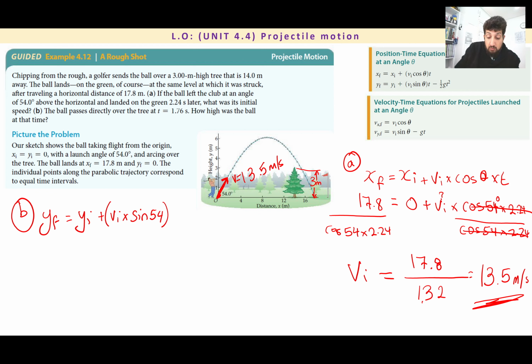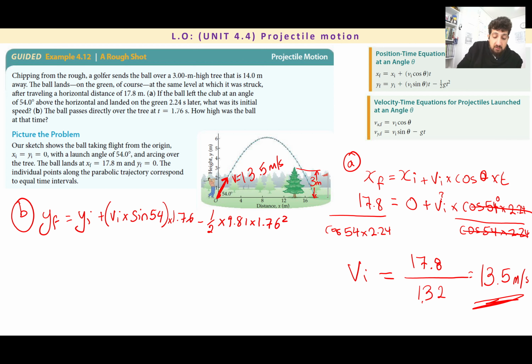And what is the time? 1.76 seconds. They were very nice to give us the time. And minus half g t squared, which is 9.81 times 1.76 squared.